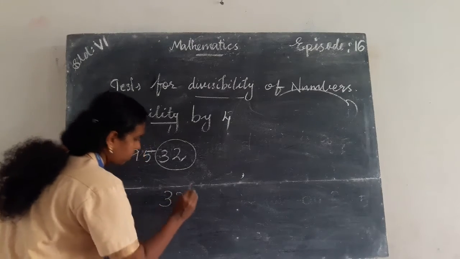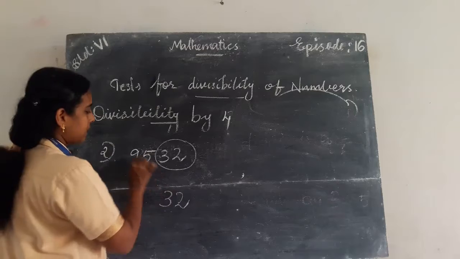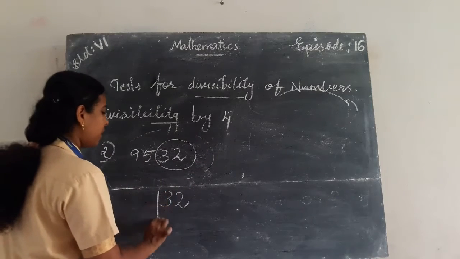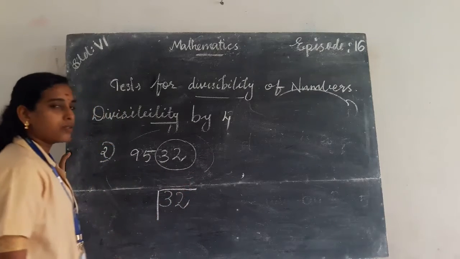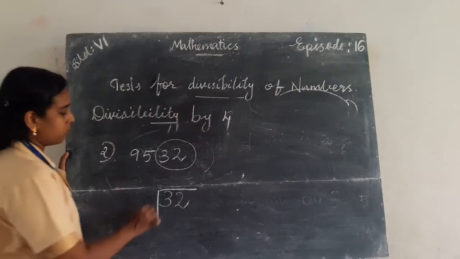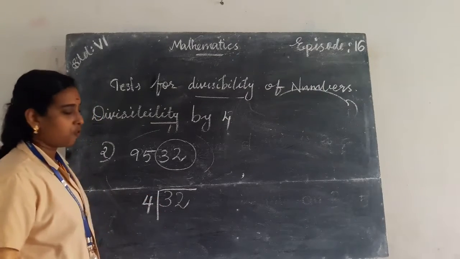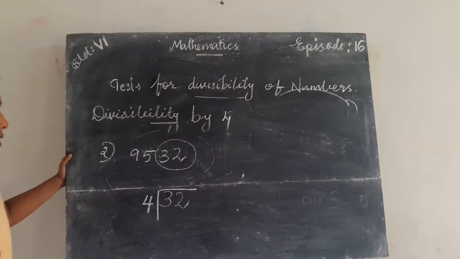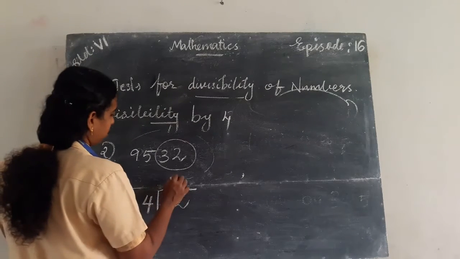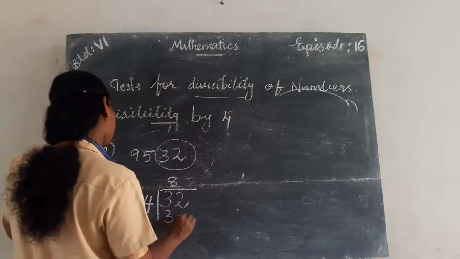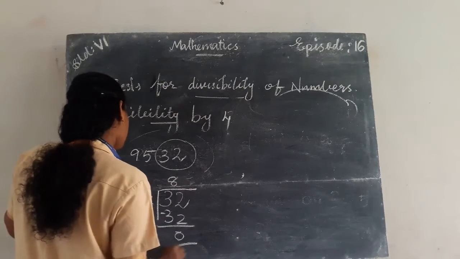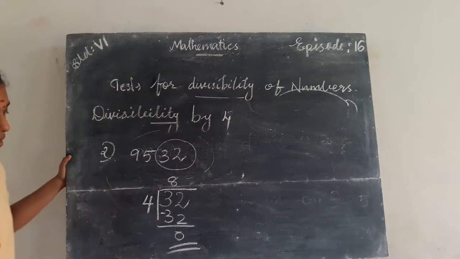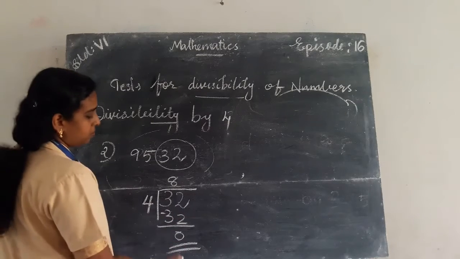We take 32 and check whether it is divisible by 4. 32 divided by 4: how many 4s are 32? 8 fours are 32, and 32 minus 32 is 0.